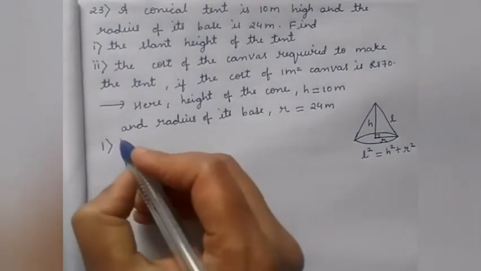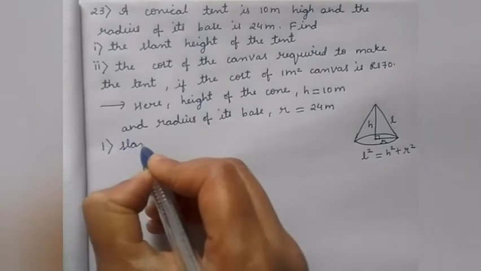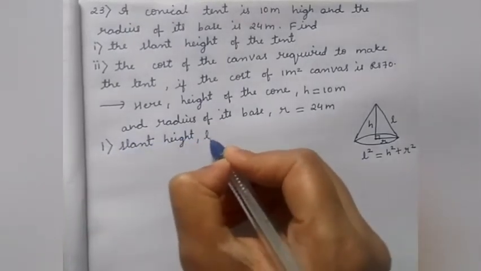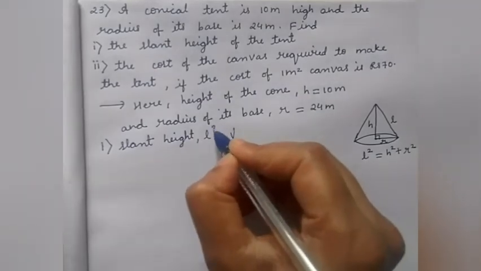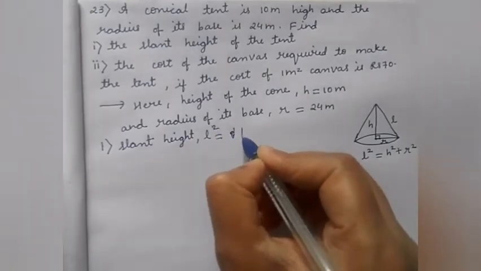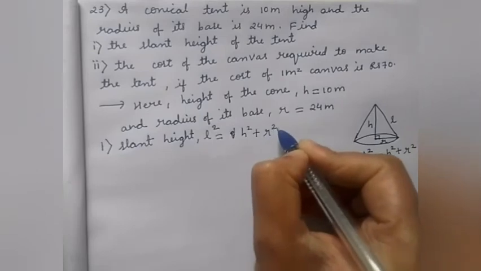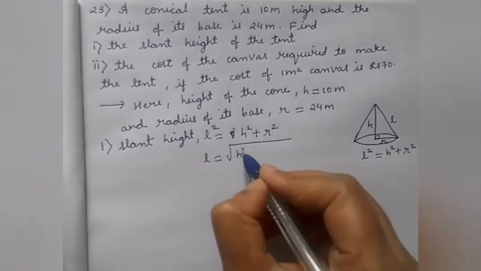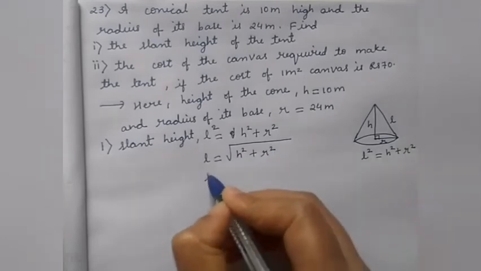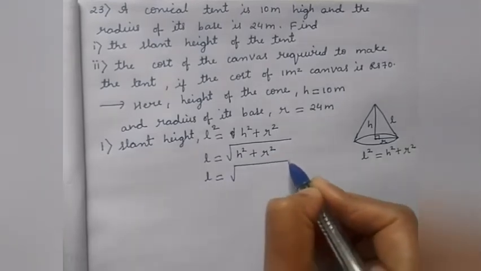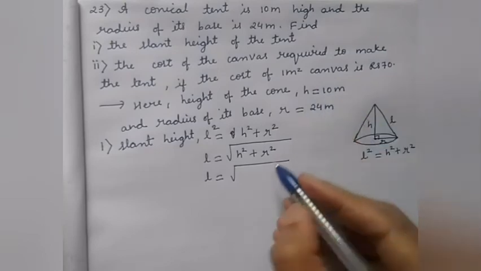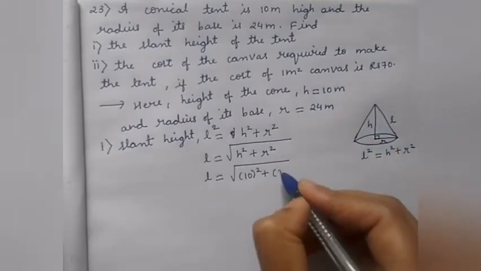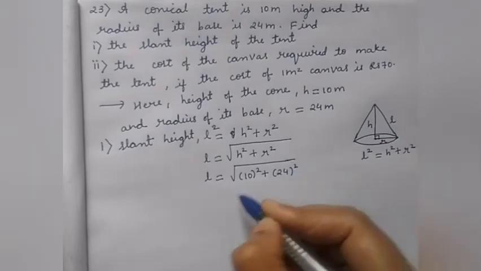So therefore slant height L is equal to root of h square plus r square. L is equal to root of 10 square, the height given here, plus 24 the whole square, the r given here.